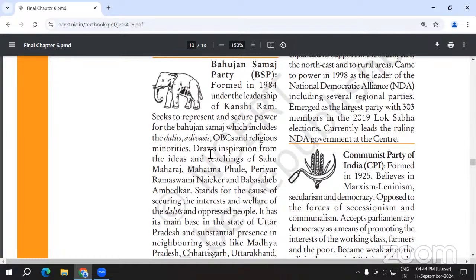Which are the persons? First one, Sahu Maharaj, Mahatma Phule, third person you tell, Periyar Ramaswamy. Do you remember this one we have studied? Periyar Ramaswamy Naicker.